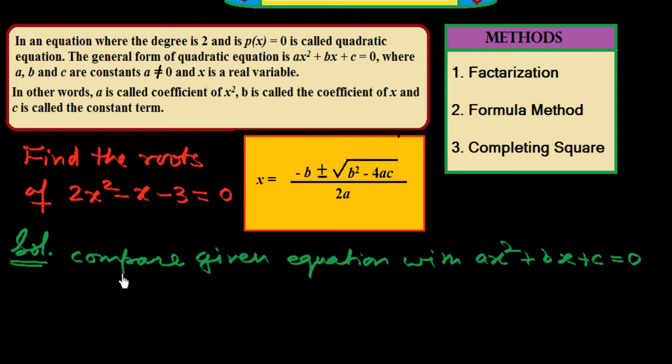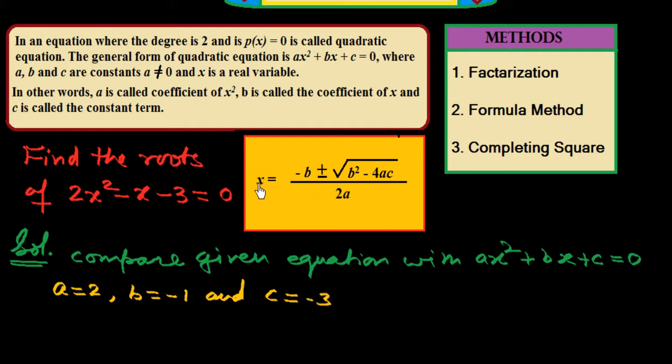Look here. The coefficient of x square is a, and here the coefficient of x square is 2. So a is equal to 2. Here the coefficient of x is b, and the coefficient of x is minus 1. So b is equal to minus 1, and finally the constant term is c, here the constant term is minus 3. So c is equal to minus 3.